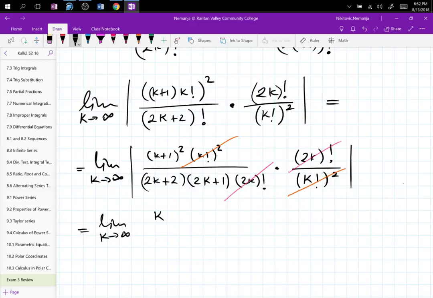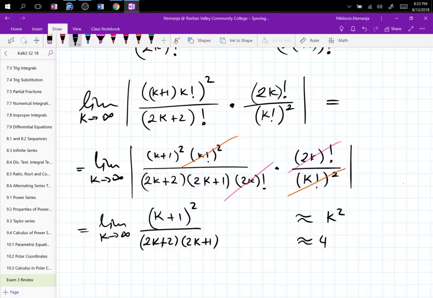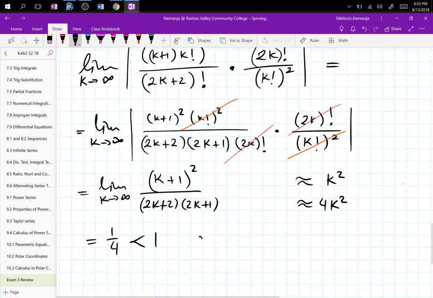I have (k+1) squared, which is of order k squared, divided by (2k+2) times (2k+1), which is of order 4k squared, if you get rid of everything else. So this is equal to 1/4, which is less than 1, which is convergent by the ratio test.